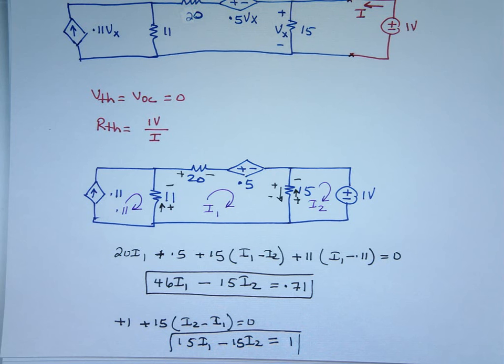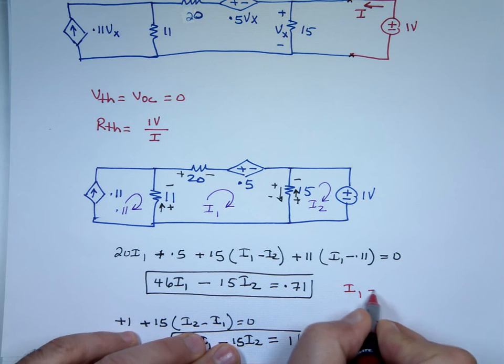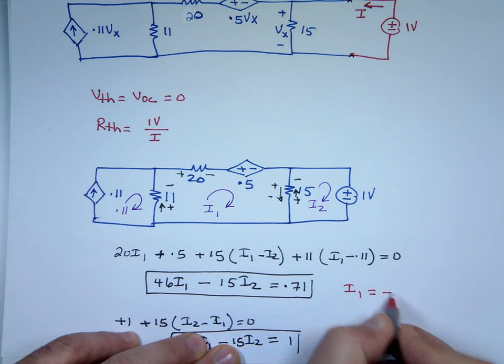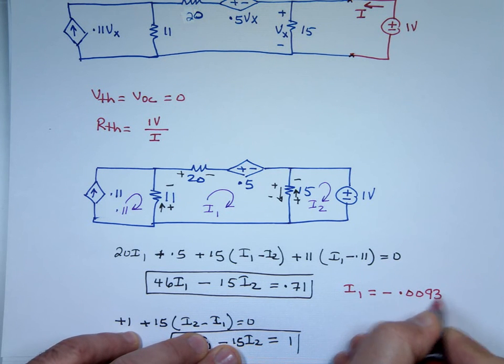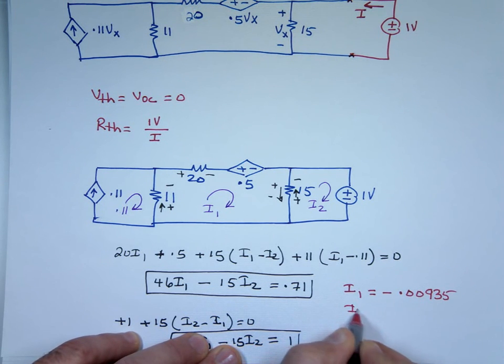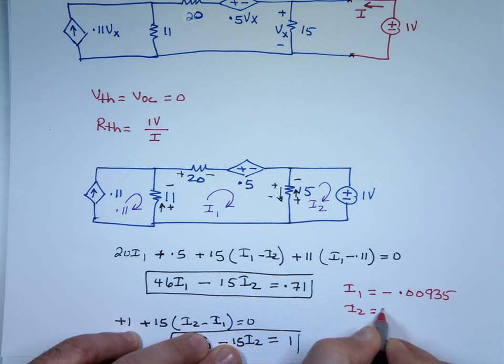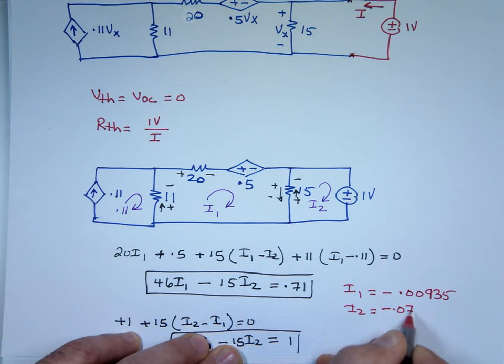The second one, 15, negative 15, and 1. So what is I sub 1? What's I sub 2? I sub 1 is equal to negative 0.00935, and I sub 2 equals negative 0.076022.